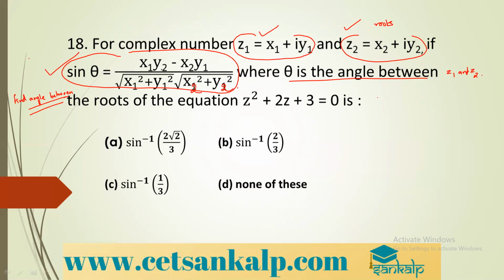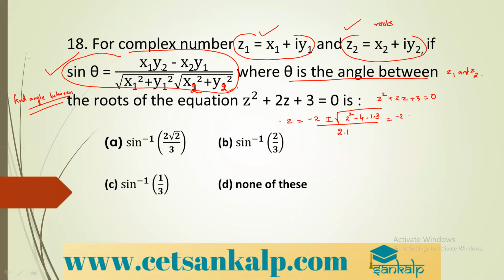So first of all, I will take the equation and find the roots. How to find the roots? Minus b plus or minus square root of b square minus 4ac by 2a.